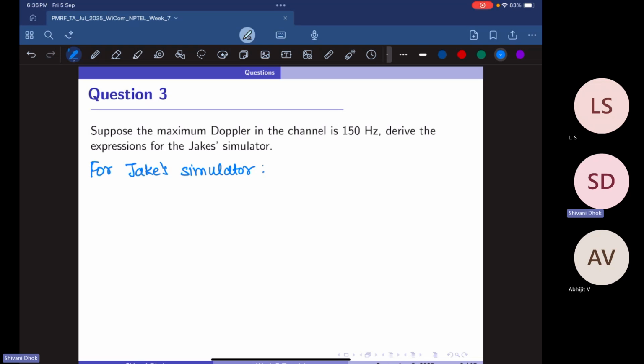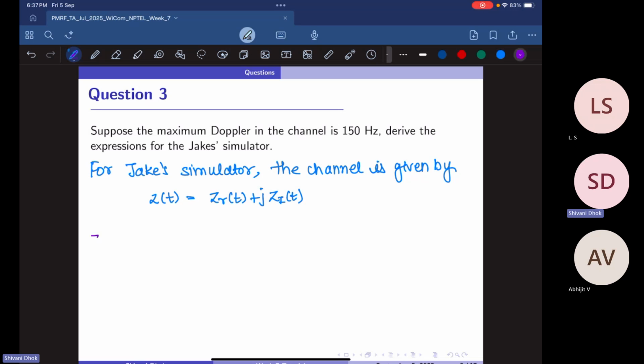For the Jakes simulator, we generate the channel. The channel is given by z(t) equal to zr(t) plus j times zi(t), where zr is the real part and zi is the imaginary part.